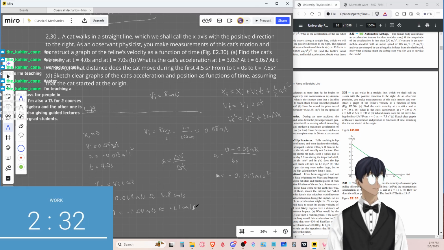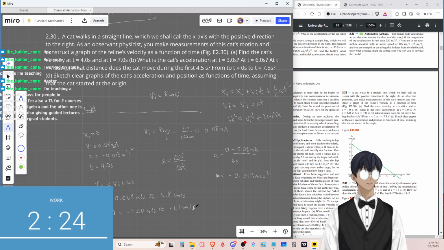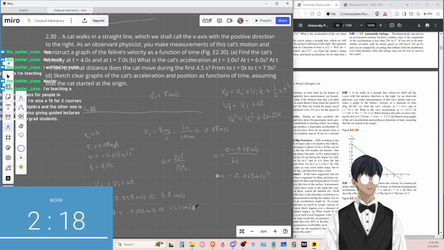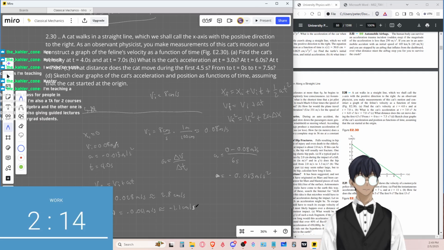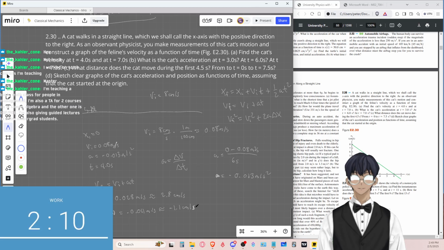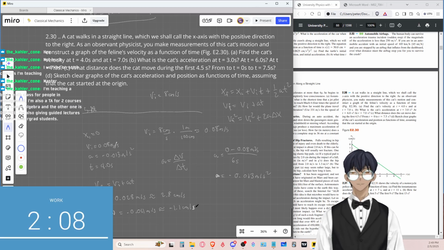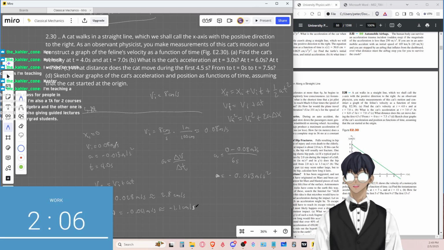I'm teaching basic math class for people in management. I'm also a TA for 2 courses, one on linear algebra and another one on ODEs and PDEs. Oh, okay. Actually, I want to learn the basics of PDEs, because with ODEs, I've learned up to the integrating factor and separable equations.